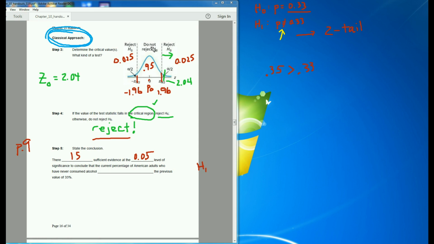So that is one way to do it. Now there is another way to do it, which is equivalent. It will give you the same answer. It's just a different method. So that's what we're going to do now, starting on the next page. It's called the p-value method. All right, so I'm going to erase everything and scooch on to the next page.